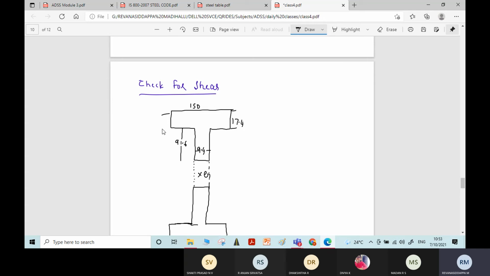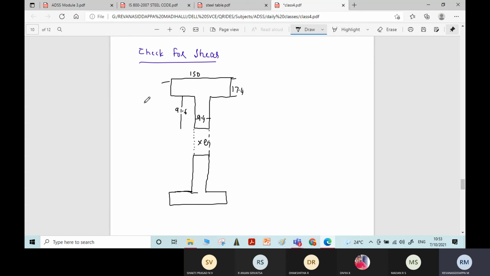Here we will have the centroid. Total depth is 675 mm. The centroid will be at half of the depth, 337.5.